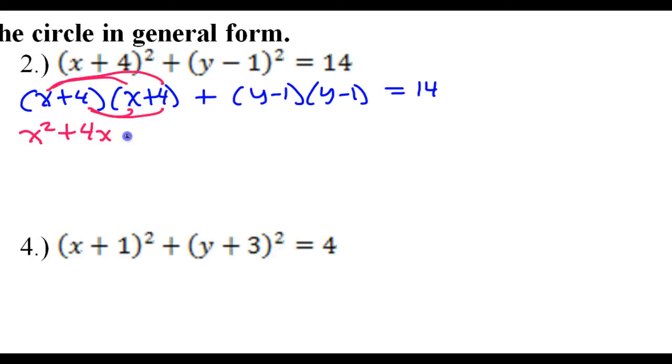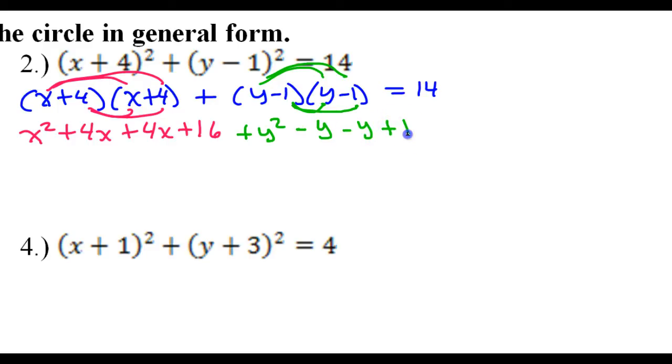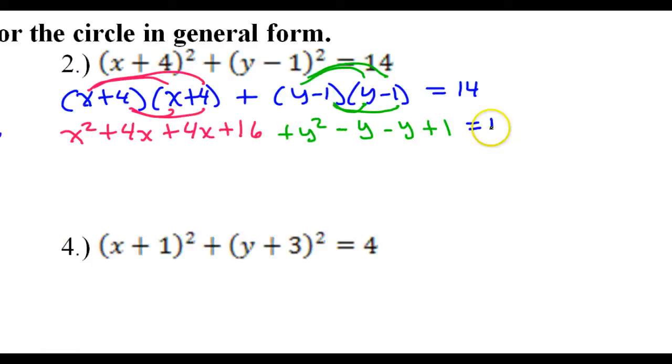Distribute the 4, so that's going to be 4x plus 16. All right, distributing the y, that's going to be y squared minus y. And distributing the negative 1, that's going to be negative y and plus 1. And that equals 14.